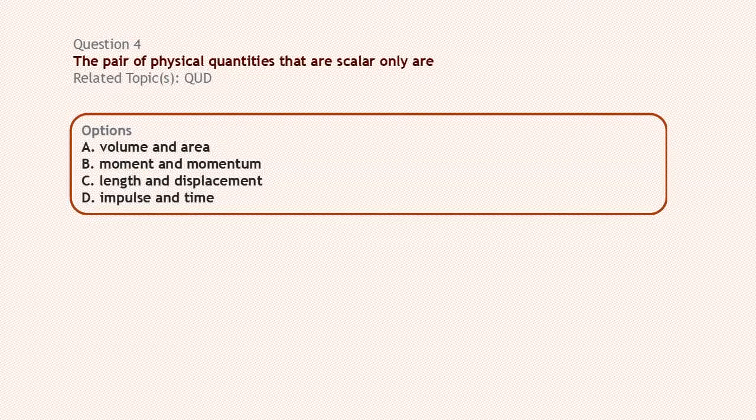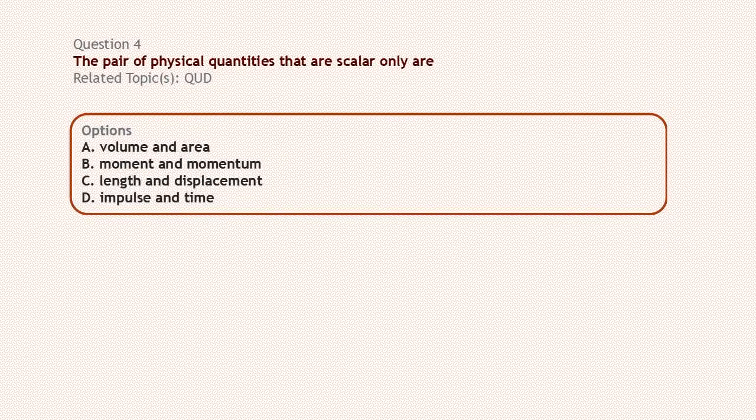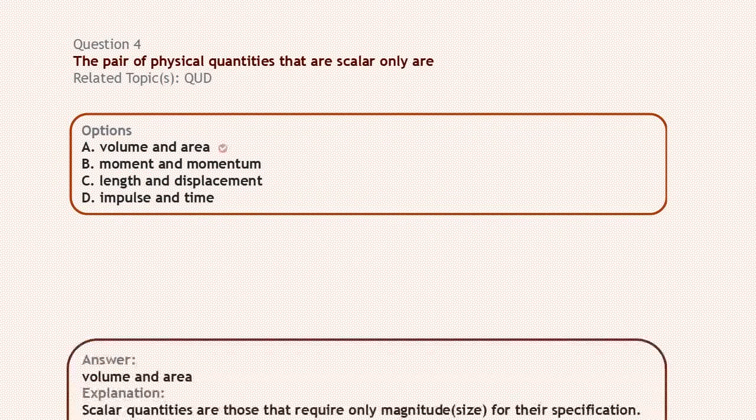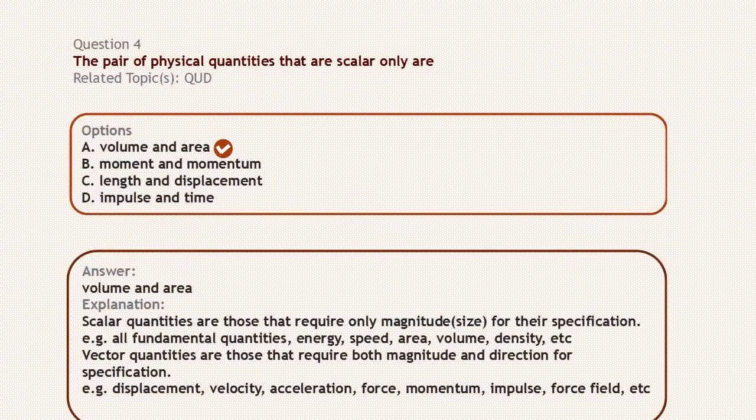Now from this list here, we have to identify the pair of physical quantities that are scalar only, and from this list, that will be volume and area. Momentum is a vector quantity, displacement is a vector quantity, impulse is a vector quantity. So it is only this pair that consists of scalars only. So volume and area are scalar quantities.